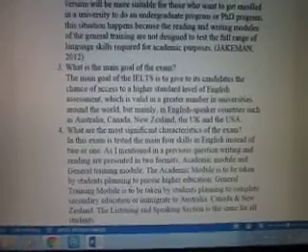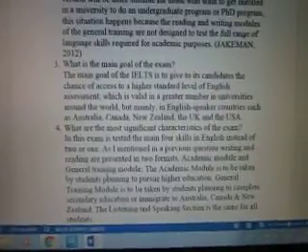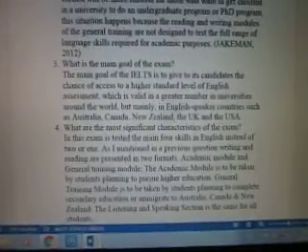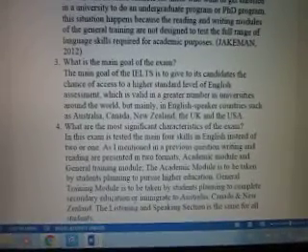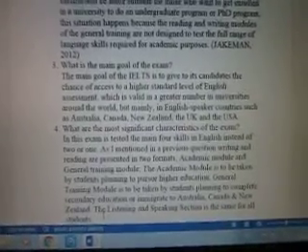The academic module is to be taken by students planning to pursue higher education. General training, as I mentioned before, is taken by students planning to complete secondary school or immigrate to Australia, Canada, and New Zealand. The listening and speaking is the same for all the candidates, for the 2 formats or versions.